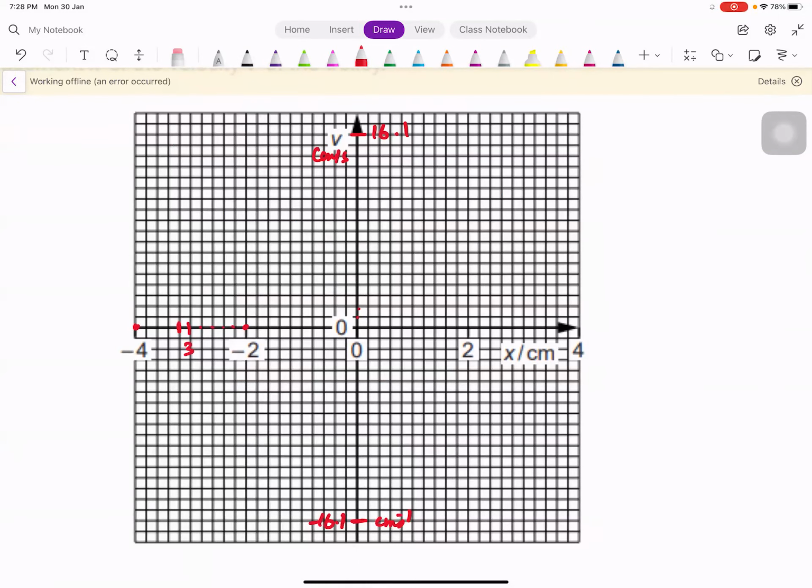They have done some sorcery here. 1, 2, 3, 4, 5, 6, 7, 8, 9, 10, fine. So at 5, it is 3. So this will be 3.2. I'm going to write 3.2 here. And then on the other side, it's also going to be 1, 2, 3, 4, 5. So this is 3, and that is going to be 3.2.